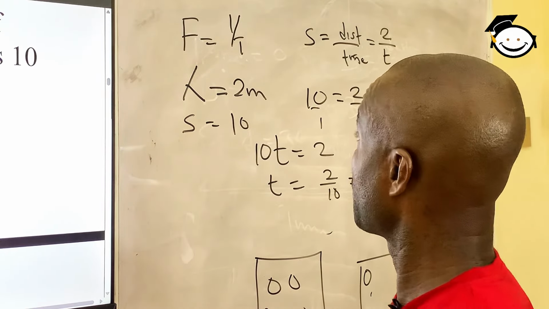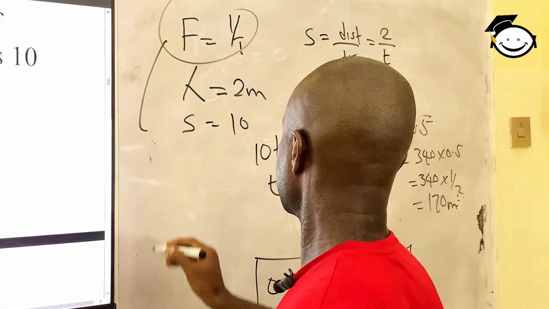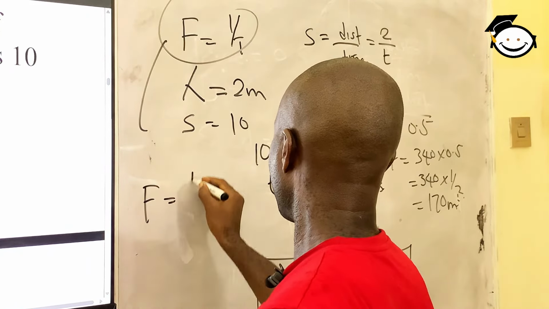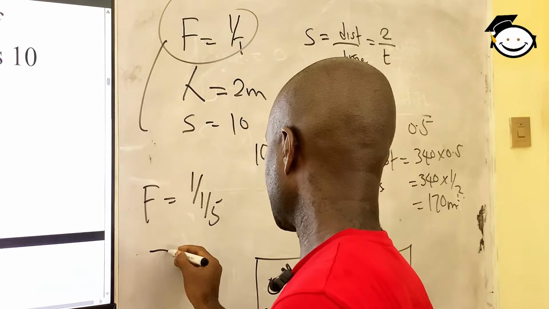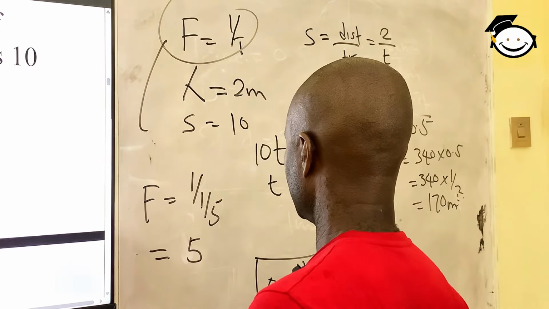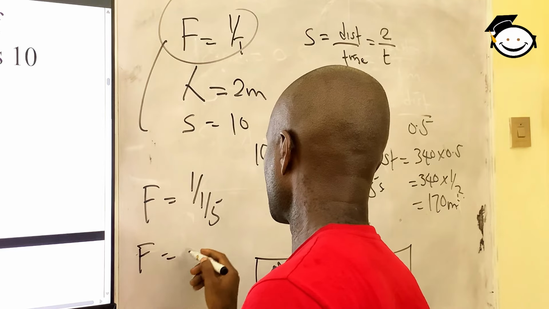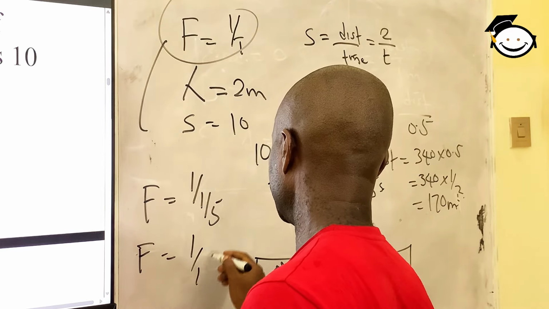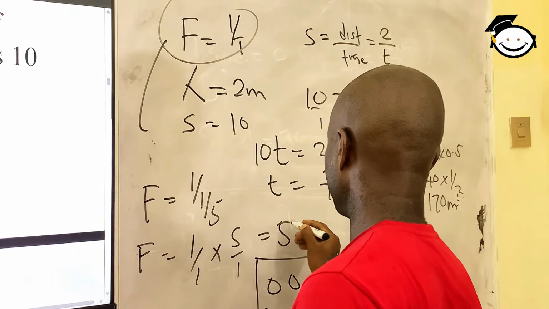He said, what is the frequency? So frequency from here is 1 over 1 over 5, which is automatically 5. F equals 1 over 1 times 5 over 1, which is automatically 5 hertz.